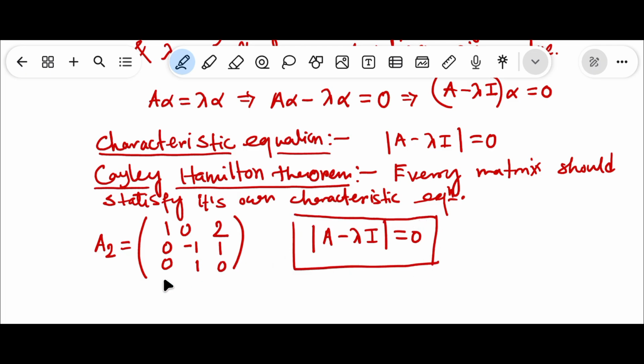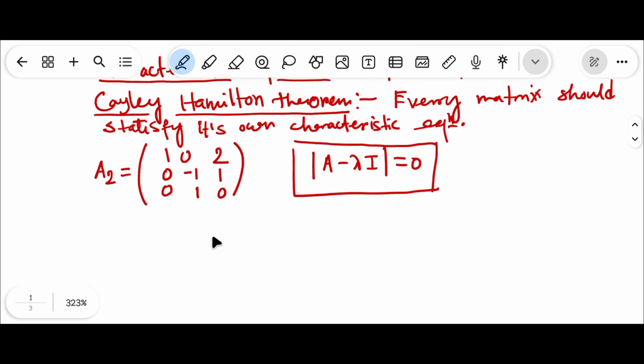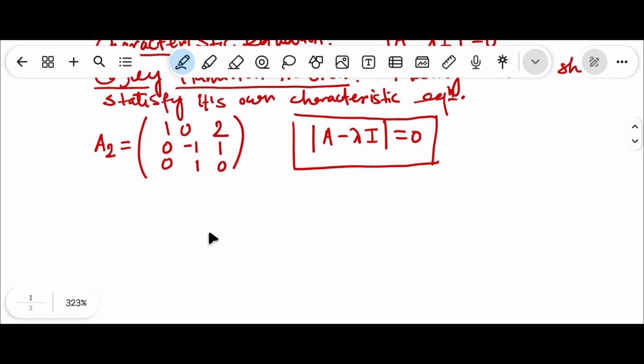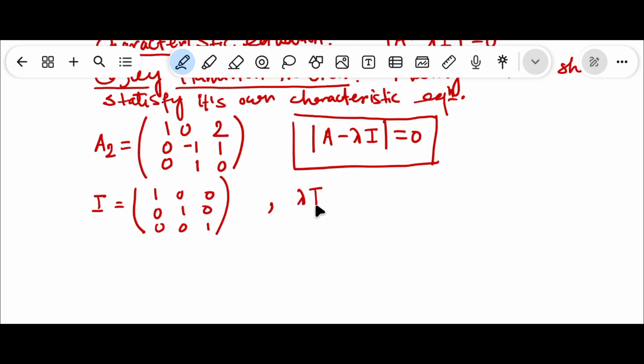Now see students, A2 is a 3 cross 3 matrix, so here I will be of order 3. Now I is actually the identity matrix 1 0 0, 0 1 0, 0 0 1. Now if I multiply lambda with it, it will become lambda 0 0, 0 lambda 0, 0 0 lambda.